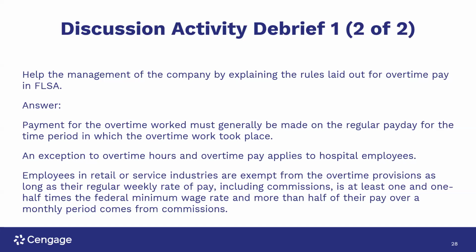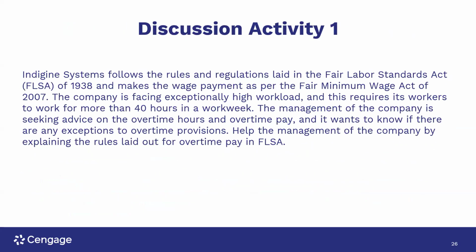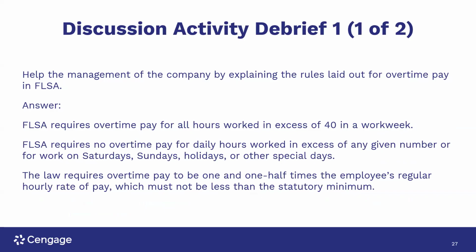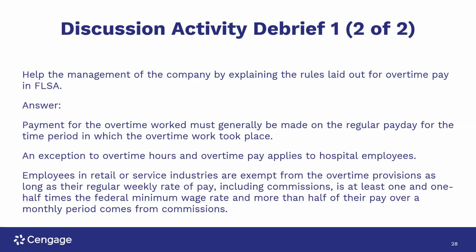And depending on if the workers in this company are professional service workers or highly compensated employees and they're paid on a salary, there might also be an exception to the overtime pay requirements there as well.